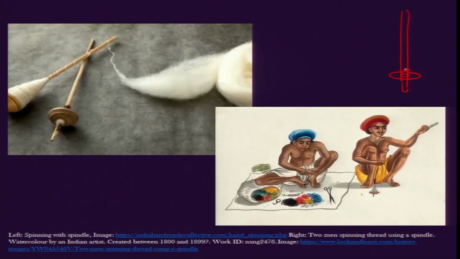Here in this image we can also see one simple spindle, and here is one where we can see how the yarn is extracted out of this thread, which also leads to this blob of cotton. So this is how cotton fiber is produced, and this is one of the simplest means of making cotton yarn.